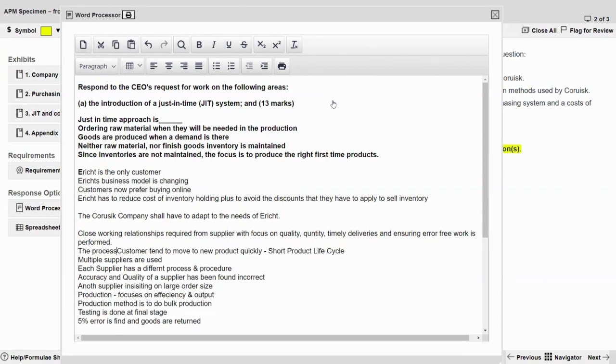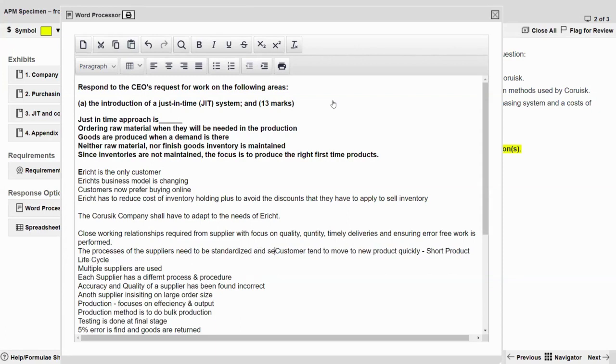The processes of the suppliers need to be standardized, and each supplier should be managed on that basis. Furthermore, you need to tell them that the suppliers may need to be filtered.